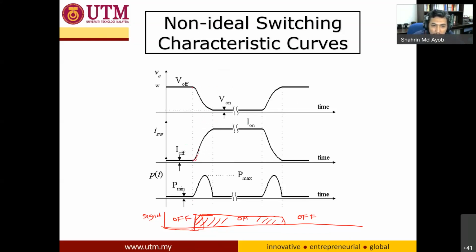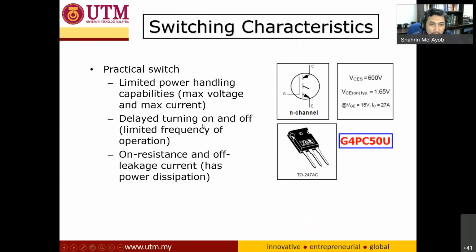So it will slowly rise up and so on. The same case goes for the voltage. The voltage will reduce. So as you can see, there's a delay to turn on immediately. That is what we talk about: delayed turning on and delayed turning off.